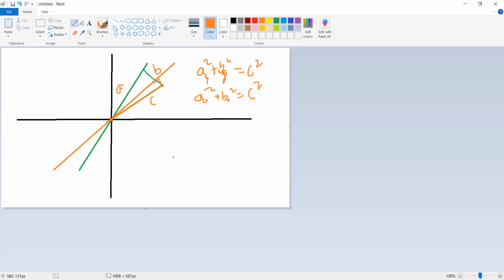A has to increase, right? So the sum of the squares of distances is going to be the error.